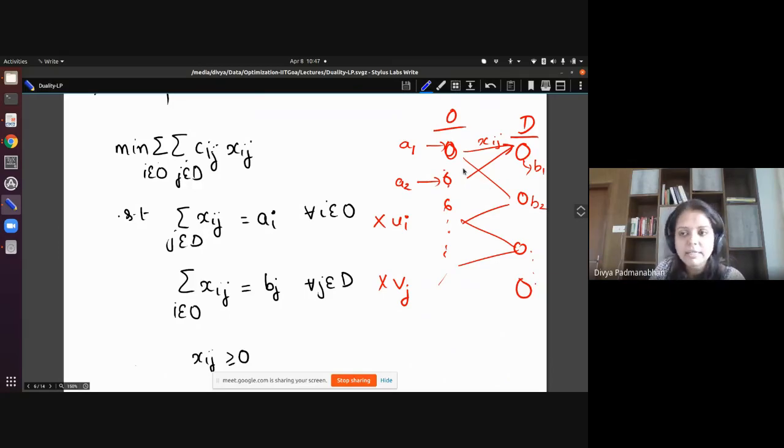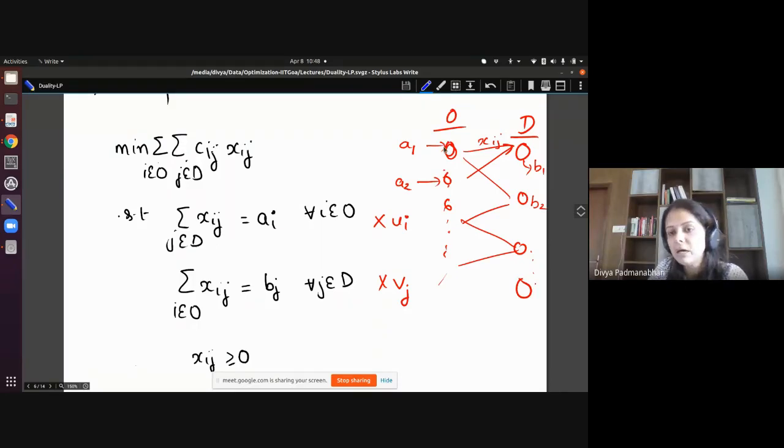These are the factories, and there are destinations in which there's a demand for these products. You want to send products. The maximum amount that can be sent from each of these origins: from the first origin, you can send at max A1 units of a product, and at the destination, there's a demand of B1.